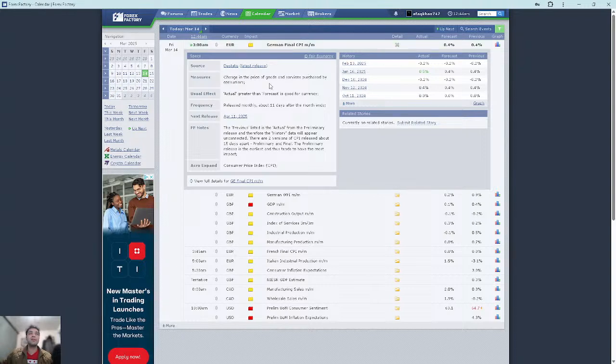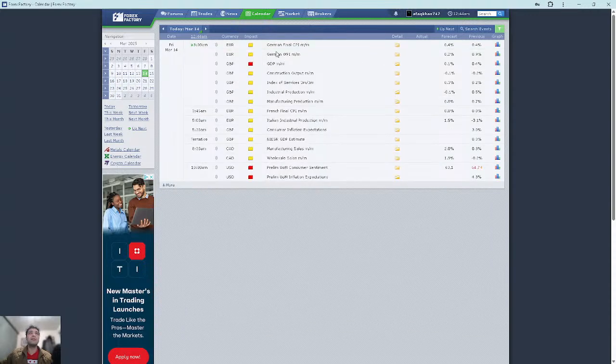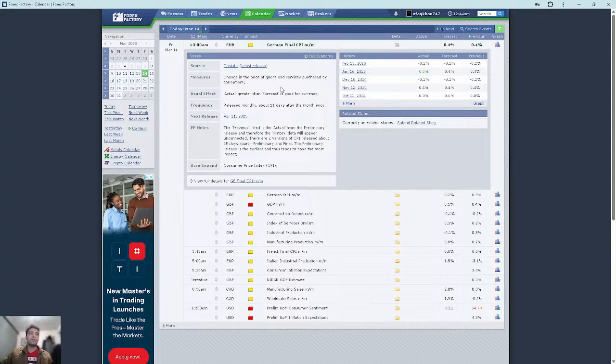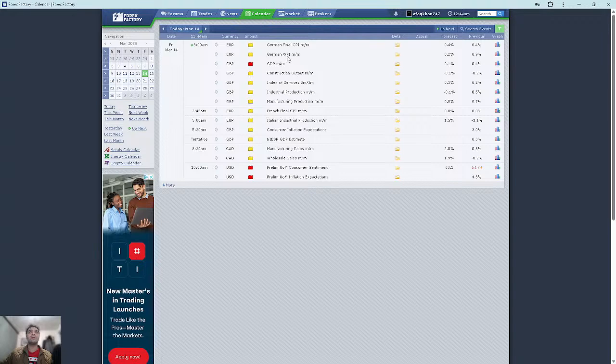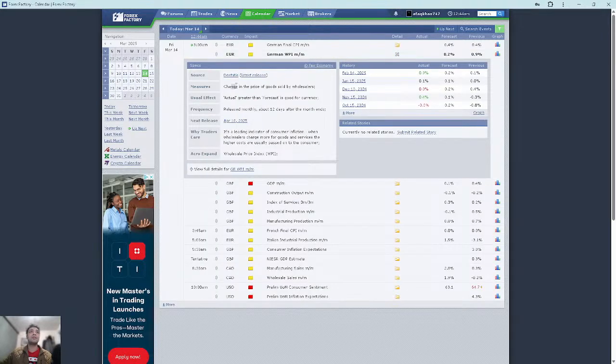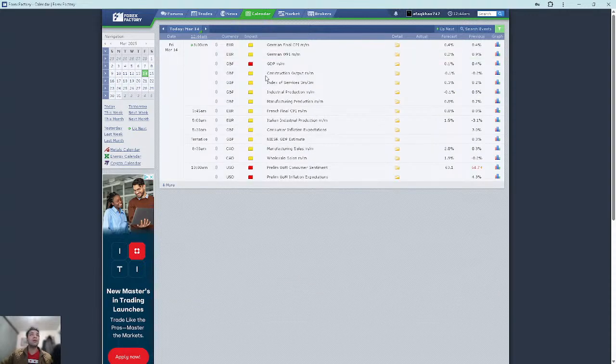So it's the change in the price of goods and services purchased by the consumers, and how things look, because the price of things goes up and down. So WPI is the change in the prices of goods sold by the wholesalers. So it is a leading indicator of consumer inflation. When the wholesalers charge more for goods or services, the higher costs are usually passed to the consumers.